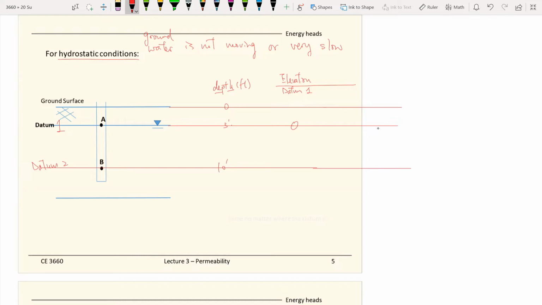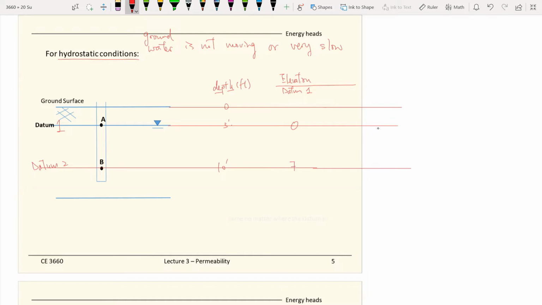And going the other way, toward the ground surface, becomes more negative. Because in geotech, many times we deal with compression underneath the ground. So the deeper we go, the more positive it becomes. We know point B relative to point A is 7 feet down. So the elevation for datum number 1 at point B is 7.